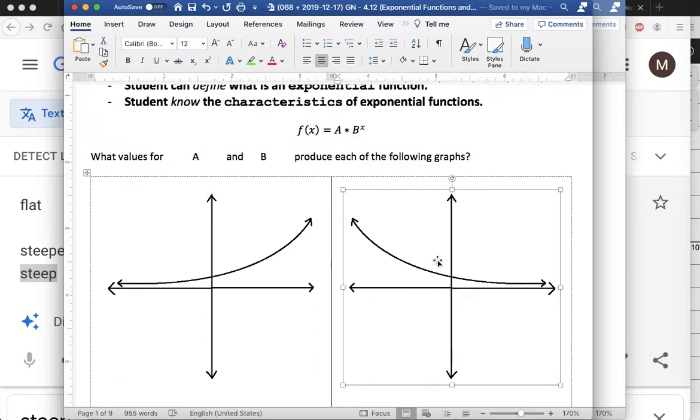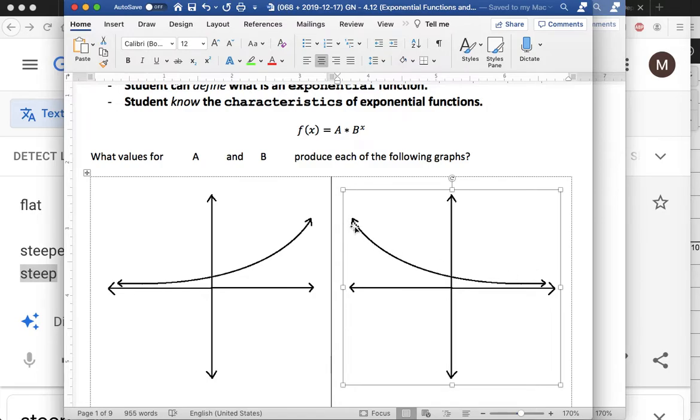Or you can have a graph that looks like this, where it starts off positive and is getting smaller the whole time. At the very beginning, it's getting smaller very quickly, and then it's still getting smaller, but not as quickly.